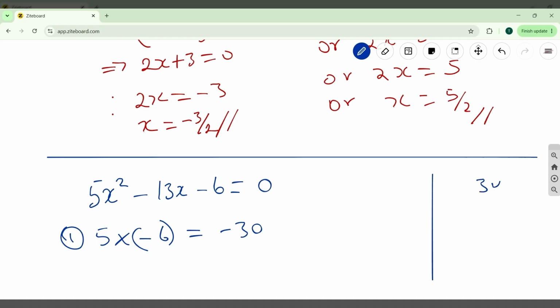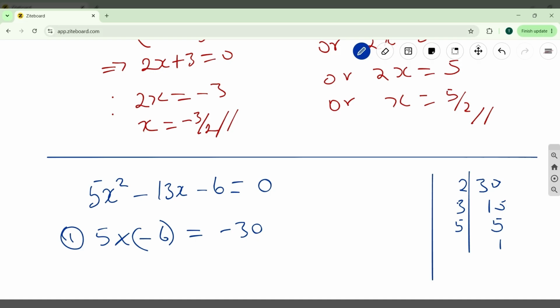Factors of 30: 2, we divide here is 15. 3, we divide 15 is 5. And then 5, we divide 5 is 1.